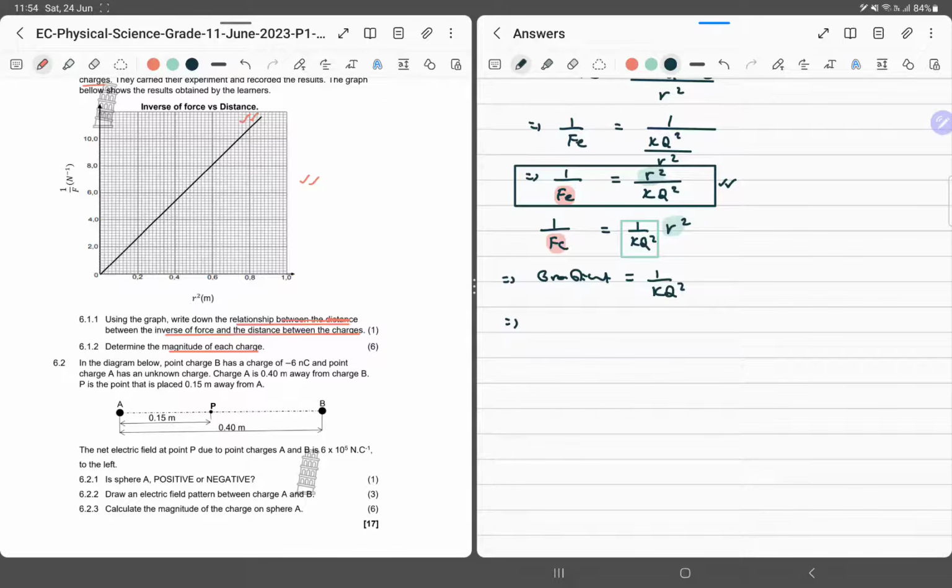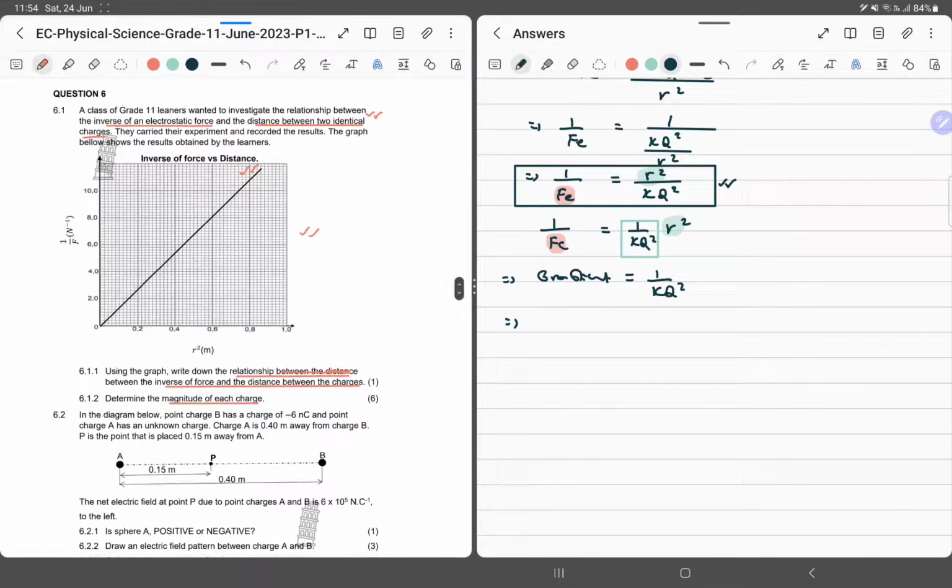Okay, now the gradient is always a change of Y over change in X. So let's see, if we look here nicely, this one falls onto the line. So we can see that if we read it across, it's going to be 8, and then if we read it down, it's going to be 0.6. So we can use that because all those points are collinear. You don't want to be straining your head here trying to calculate the small ones.